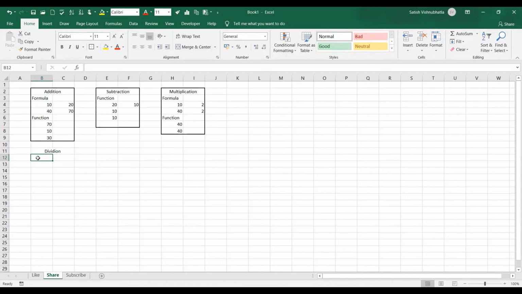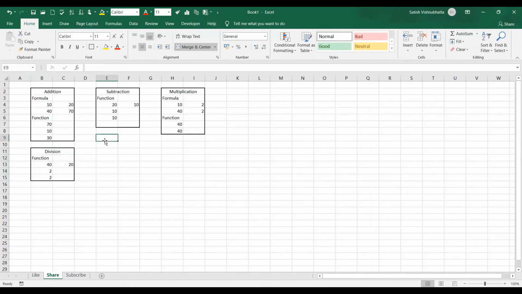So the function for division is equals to, like, if I want to divide 40 by 20, I write equals to B13 by C13. Okay, 2. Or else we can also do 40 by 20. Done. So that is division.